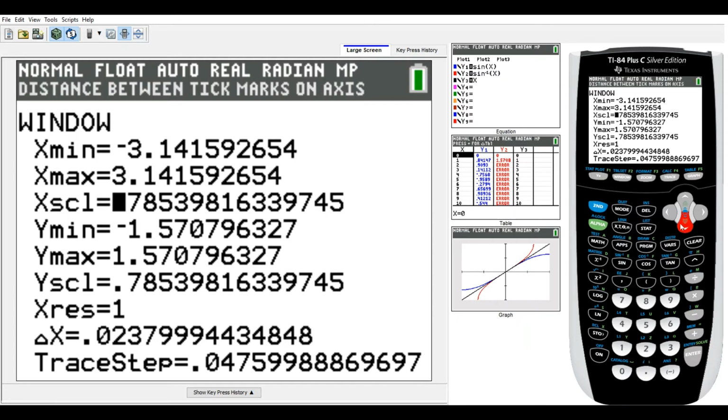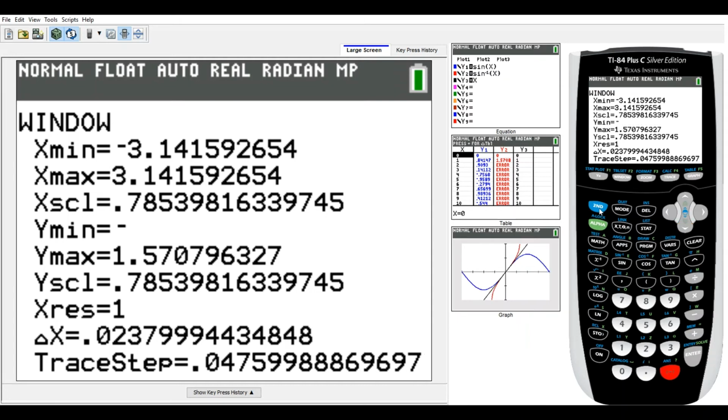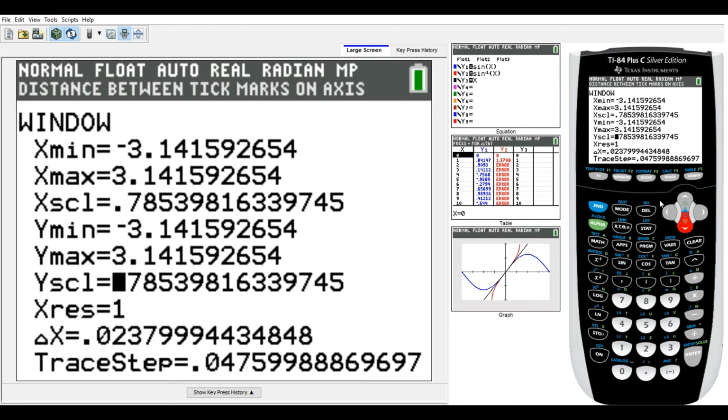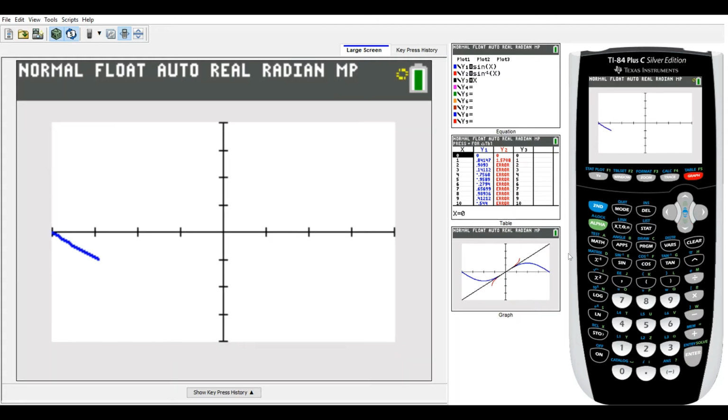And let's do the same in the y, minus pi to pi. And we'll just leave the scaling the same for both of those. Okay. And if I hit graph now, you can see that sine continues, right? We're seeing more of the graph of sine right now. But you can see that sine inverse doesn't go very far.